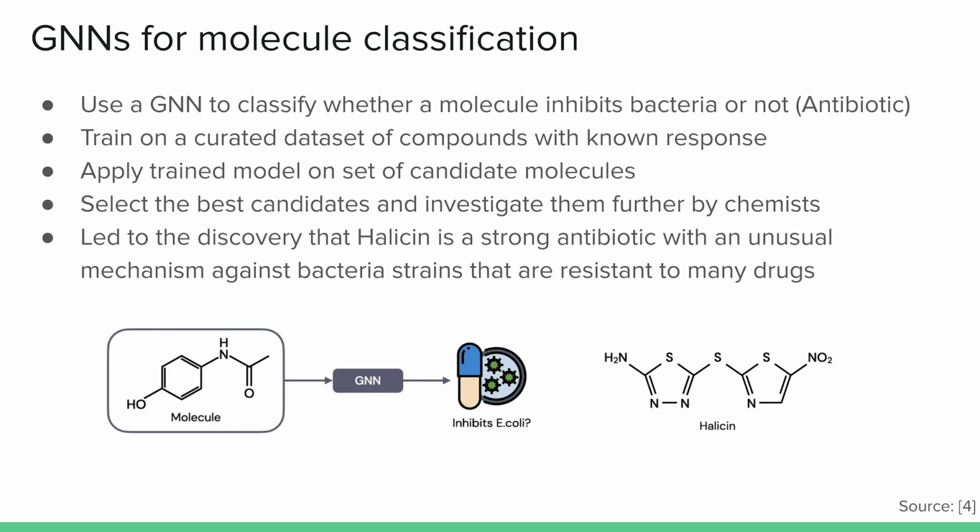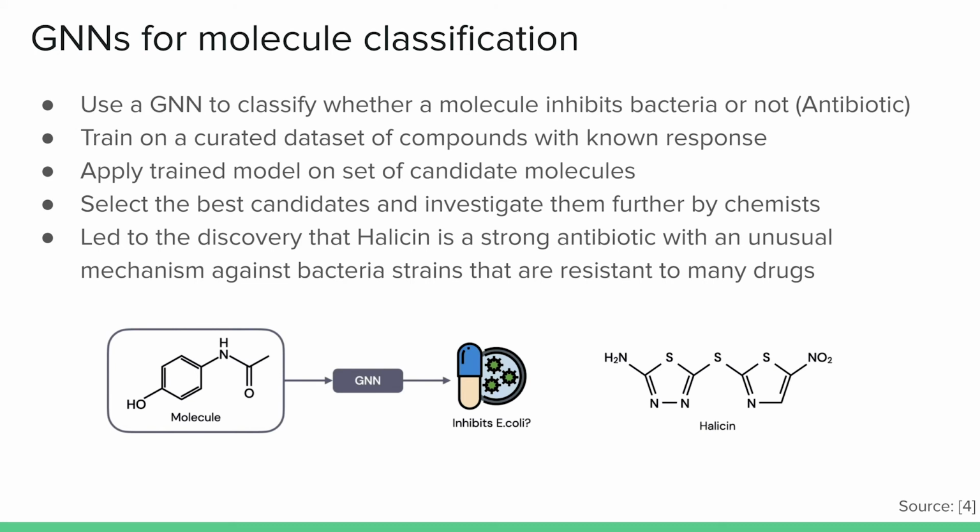So what happened here is that scientists took graph neural networks and tried to understand what properties certain chemical compounds have. They used the graph neural network to classify whether a molecule inhibits certain bacteria or not, for example, Escherichia coli. And if it does, it is an antibiotic.